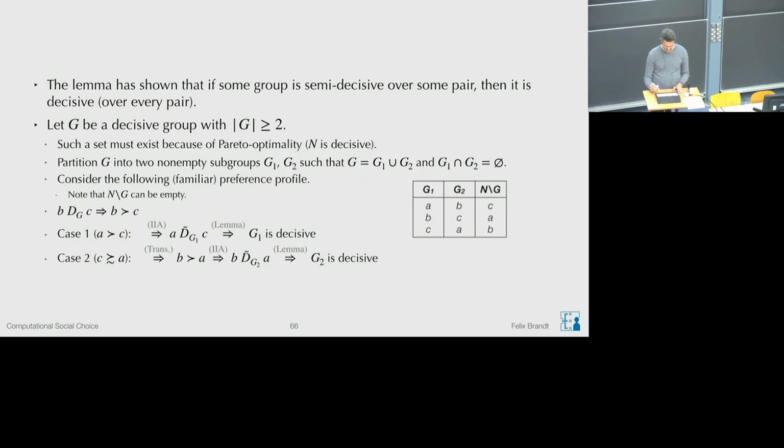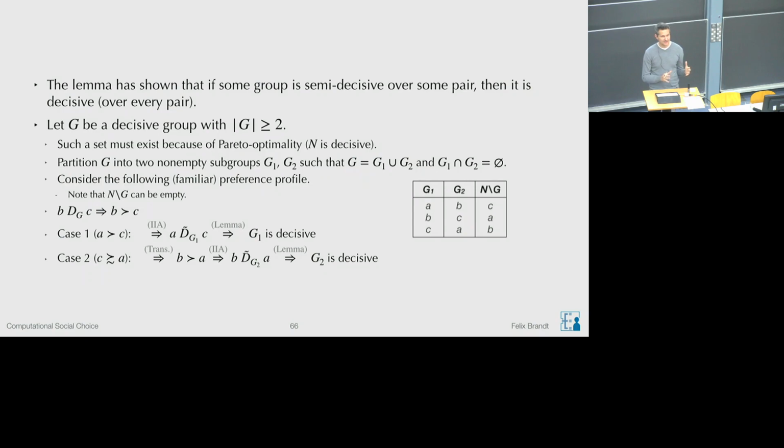So in the first case, this is a decisive group. In the second case, this is a decisive group. Okay? And both of these are non-empty. That means, as we mentioned in the beginning when I talked about this slide, we start with the group of all voters, then we partition it in any way that we want. We look at this particular preference profile and we get as a result that either the first or the second group is also decisive.